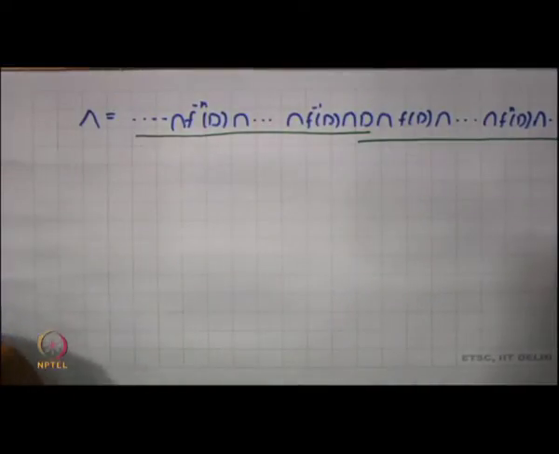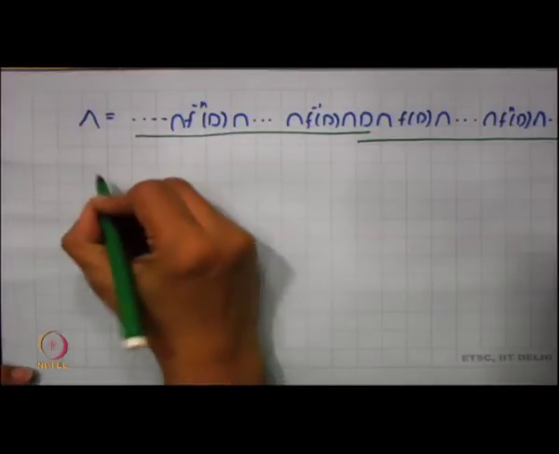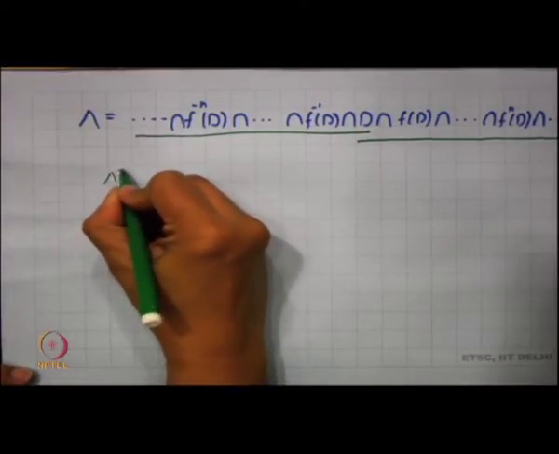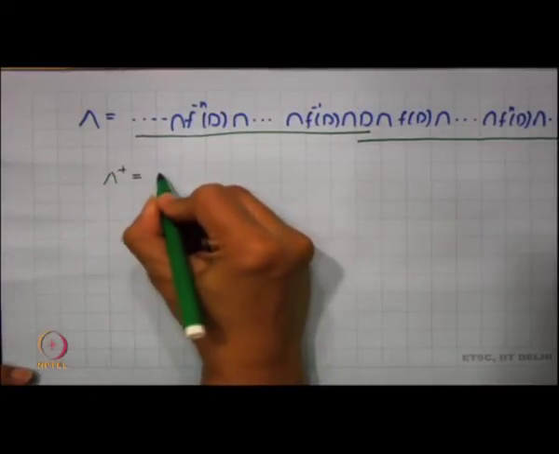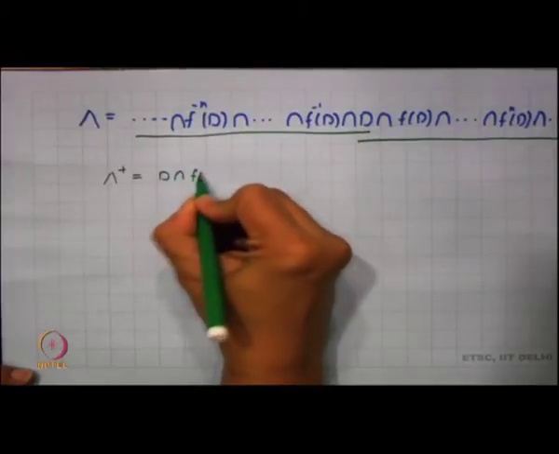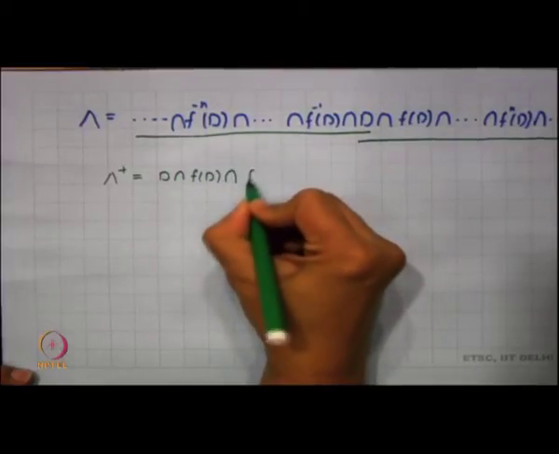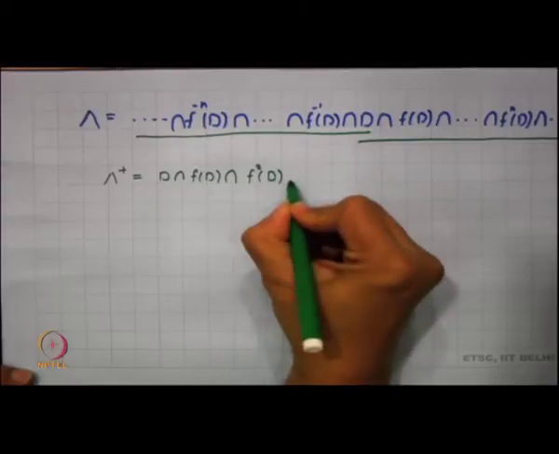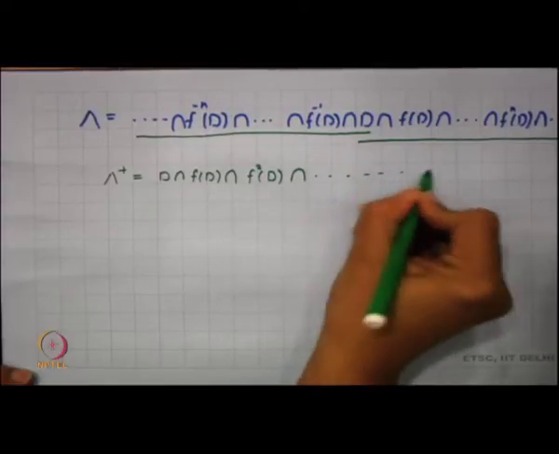So, for us we will be looking into two sets. We are looking into lambda plus, which is nothing but D intersection f of D, intersection f squared of D, and so on.